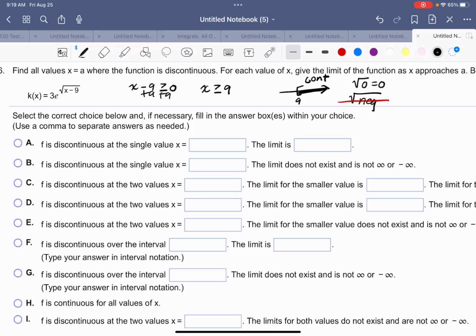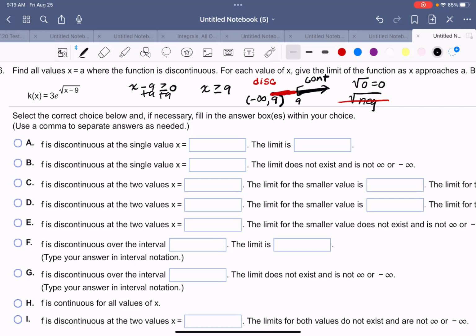Okay, so that means on this side, it's going to be discontinuous. And what are those numbers? Well, those are the values from negative infinity to 9, not including 9.